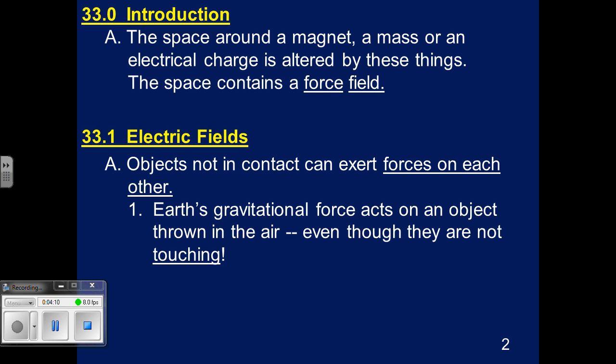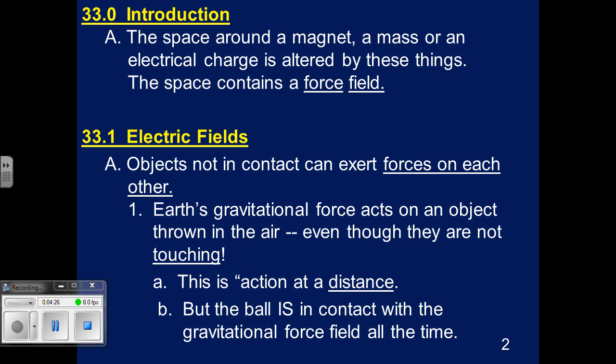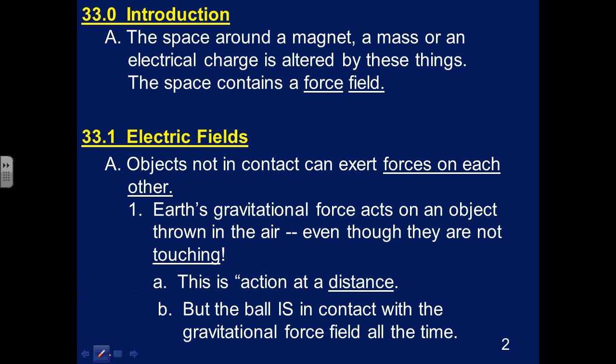There's no invisible fingers that are attached to the ball that's bringing it back to earth. But there is something around the earth that must be acting on the ball, and that something is the force field. It seems like the ball and the earth are acting without touching. We call that action at a distance, where it appears that they are not touching.